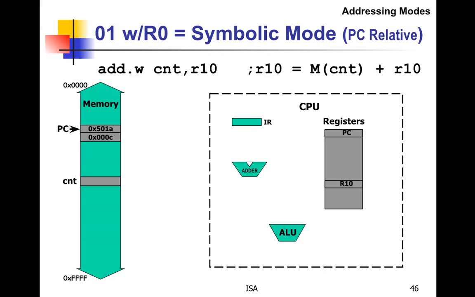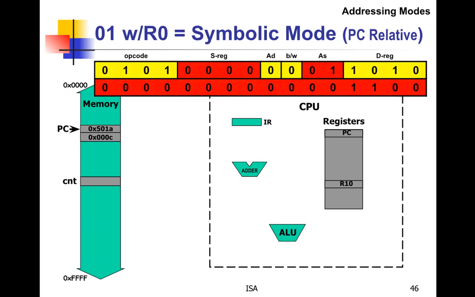We've got count. Count was set in part of the program to be a certain number. Basically whatever is stored in count, we're going to add that in with register 10. So let's see what happens. PC relative. So here we go.